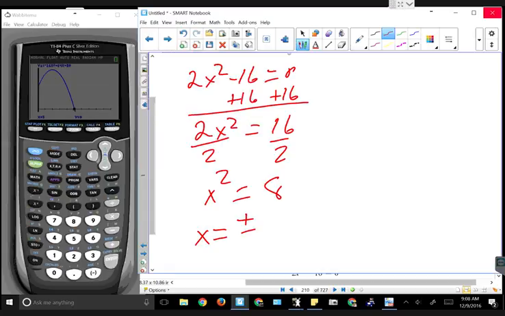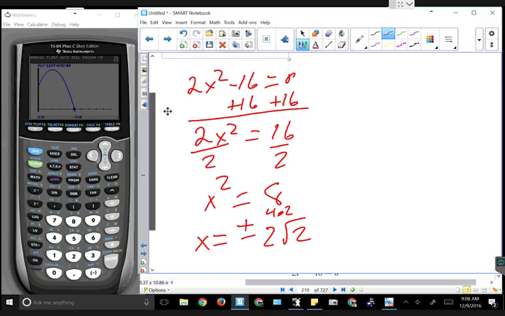So we know that 8 breaks up into 4 times 2, correct? What's the square root of 4? So this will be plus or minus 2 square root 2. That's all it is. Why? The square root of 4 goes to 2. Can't do anything with the 2, so it stays in the square root, plus and minus.